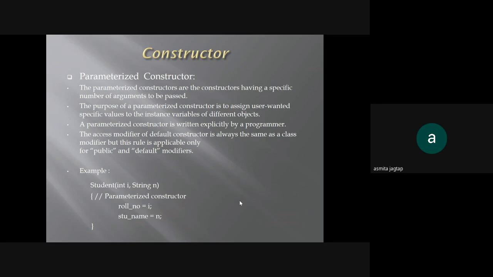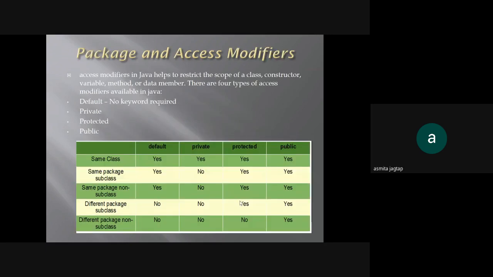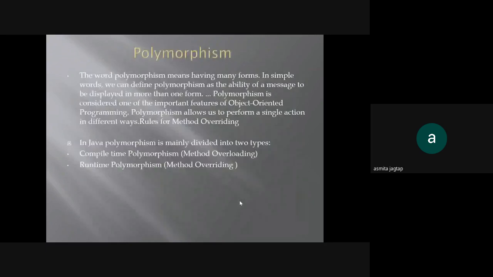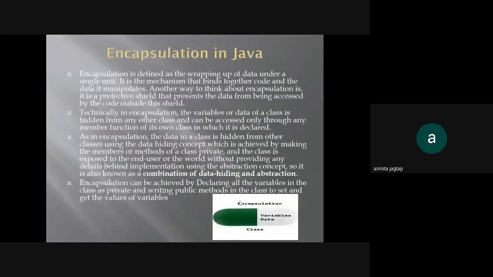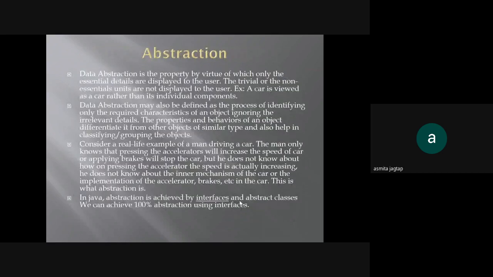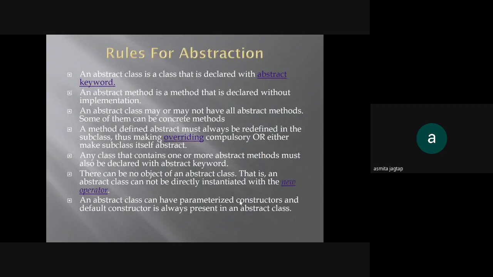Explicitly we are giving the values to that constructor. So those are the two concepts. In an abstract class also we can have a parameterized or default constructor, but we can't create an object of the abstract class.